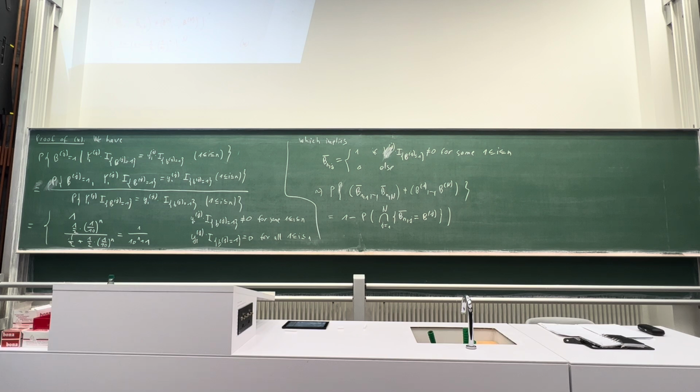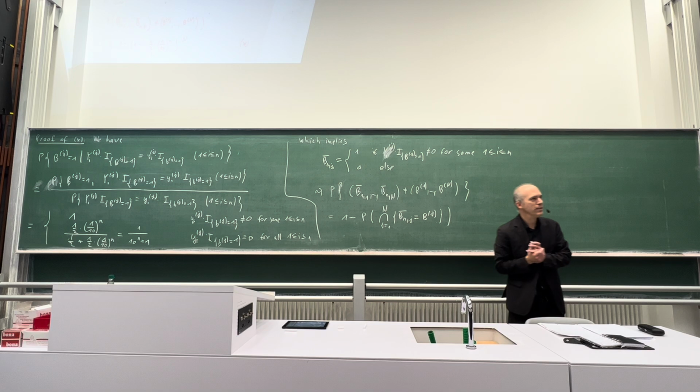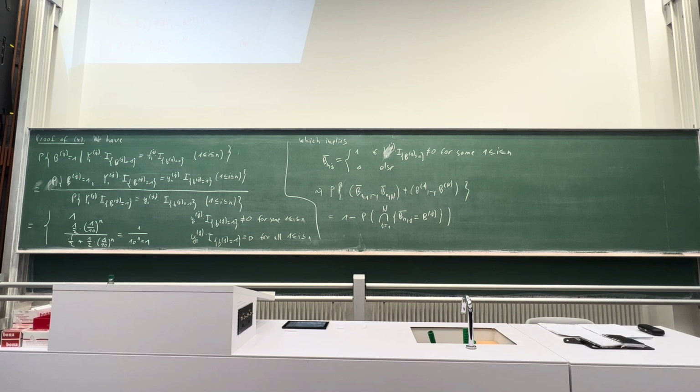Next, I want to argue that these events which I have here are independent. And then I can say the probability of the intersection is just the product of the individual probabilities. Has anyone an idea why these events are independent?